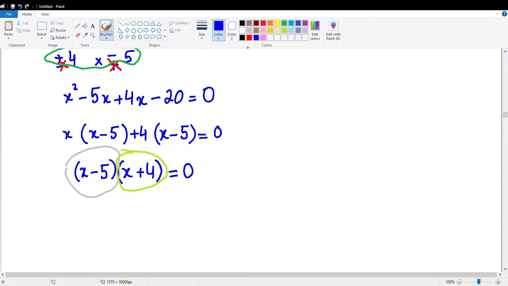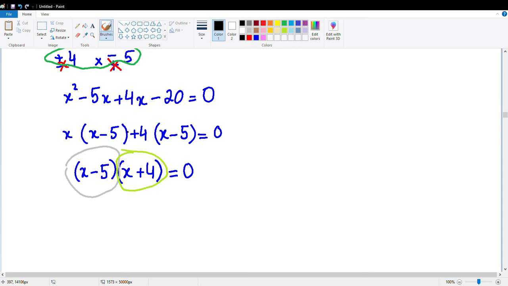Because the equal sign is telling us that they equal 0, one of these has to be 0 so that their product is 0.